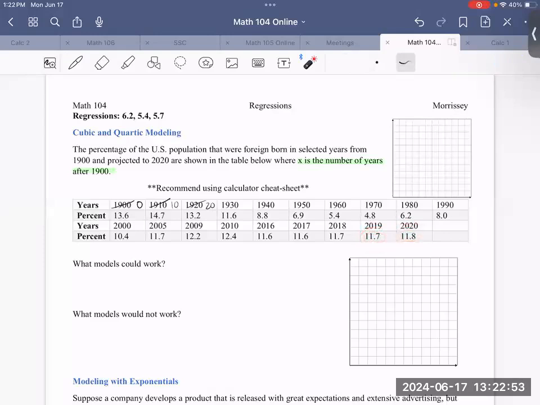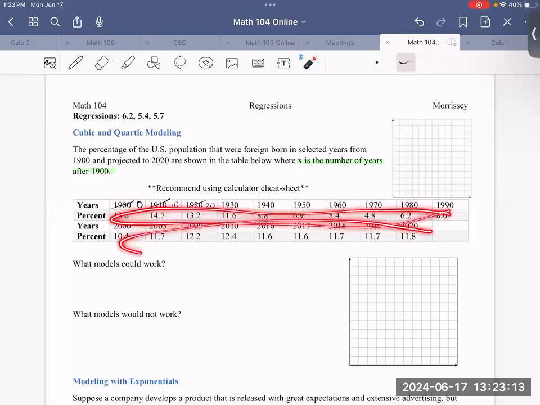Now, when you go to build a window, in the last ones we've seen, the number at the very start was the lowest one and the one at the very top was the highest number. That's going to be different depending on the models we're choosing. So definitely look within your data to see where your smallest and largest numbers lie in order to get a good window.